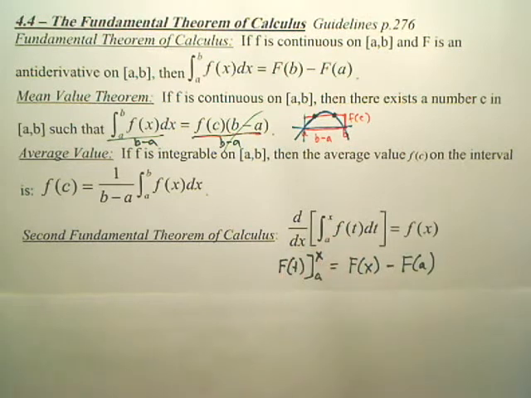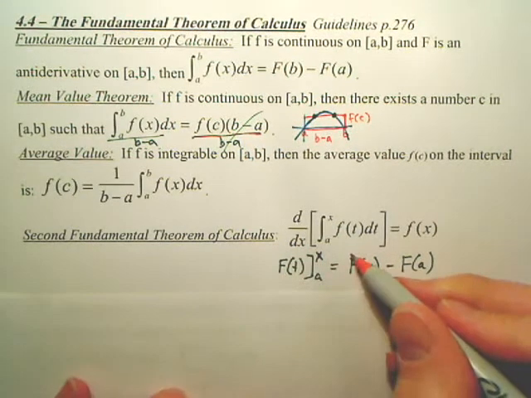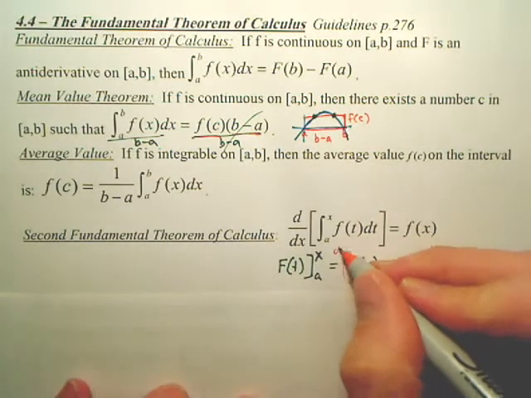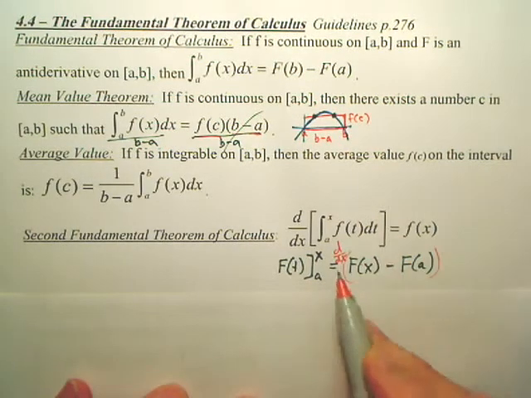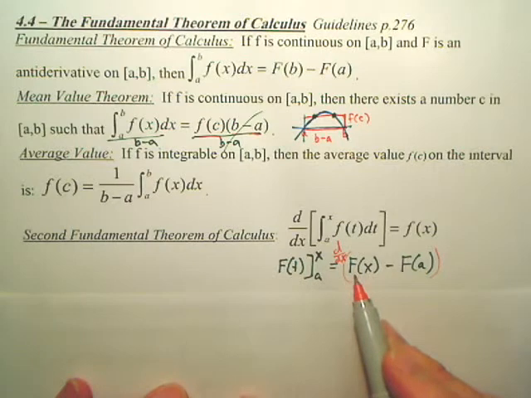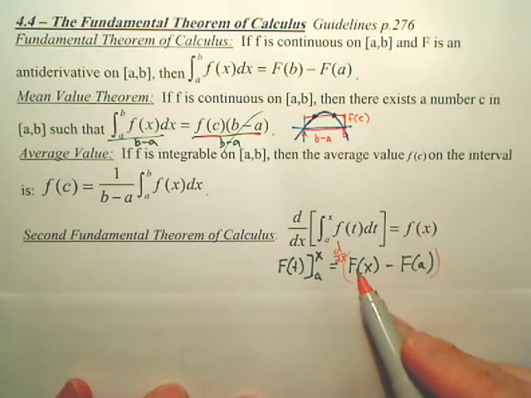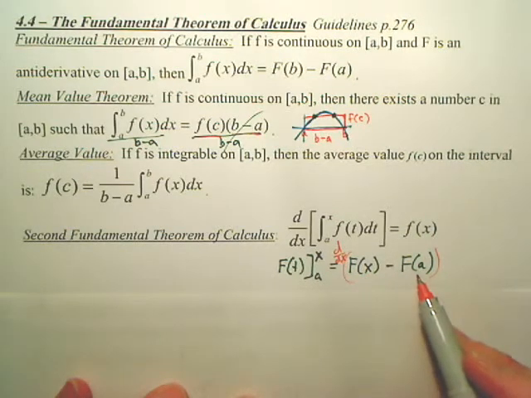Now when you derive this, what happens? You're going to d/dx this. What's the derivative of this? If you take capital F and you derive that, doesn't that take you back to lowercase f? If you take an integral and you derive it, it takes you back to your original. When you derive F of a, well, F of a is a number.